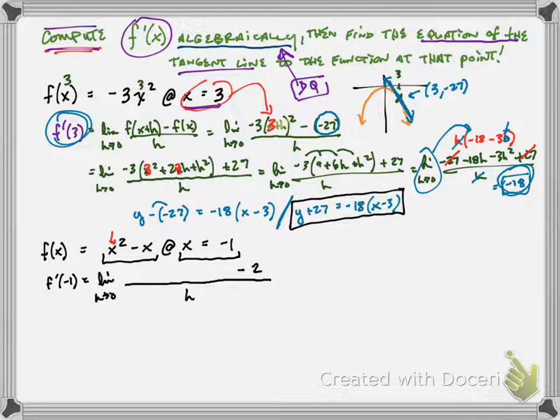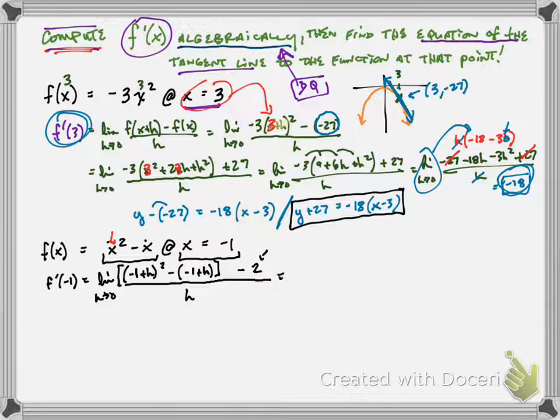Now, we have to put x plus h in wherever we have an input into our original function. Because again, we're evaluating f of x plus h. X is negative 1, so negative 1 plus h, quantity squared, minus negative 1 plus h. There is f of x plus h. There is f of x. Again, where x is negative 1.